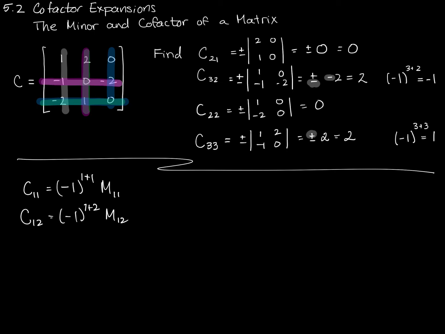I can just look at this entry and say that's in row 1, column 1. And so its sign is going to be -1 to the 1 plus 1. That's positive. Right? 1 plus 1 is 2. -1 squared is +1. In this entry, I'm going to have a sign determined by -1 to the power of, this is row 1, column 2, so 1 plus 2 is 3.